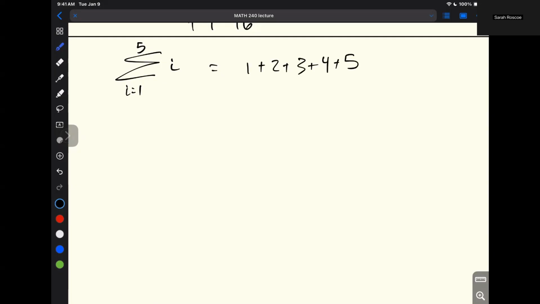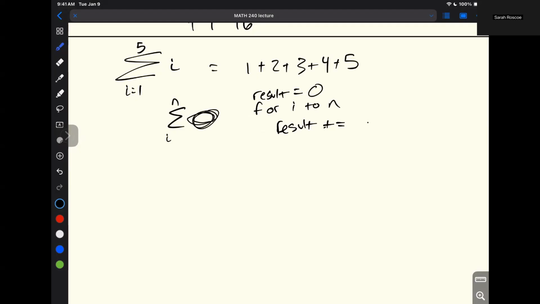The sigma is basically a for loop that goes from i to n of something. If we have some result that we define, then we say result plus equals whatever is going on over here. So it's basically just a for loop.